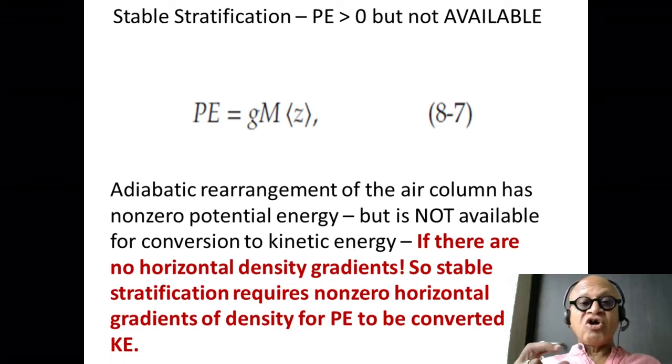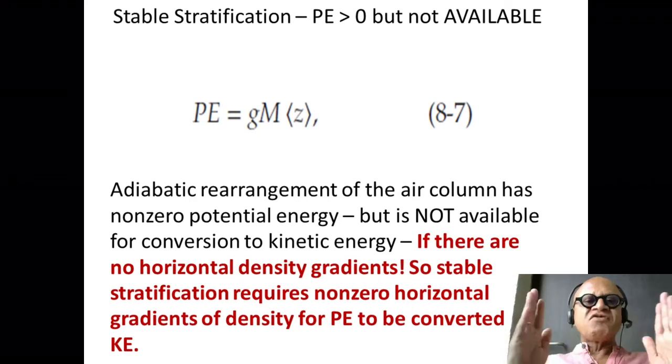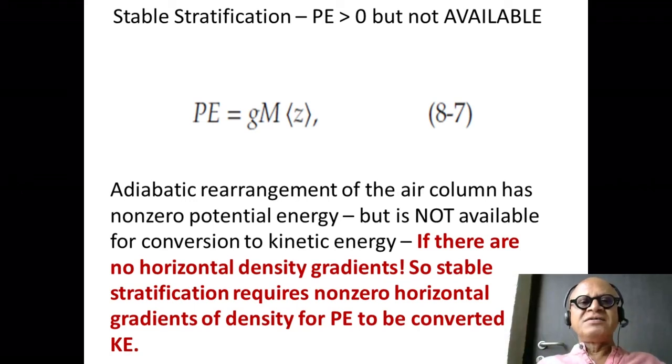Okay, it is locked up, it has non-zero potential energy, which means you are keeping air parcels away from their zero potential energy state by using rotation, but it's not available for conversion to kinetic energy. If it's stably stratified everywhere, then you can do adiabatic displacements and nothing will happen. You cannot release that energy and create kinetic energy.